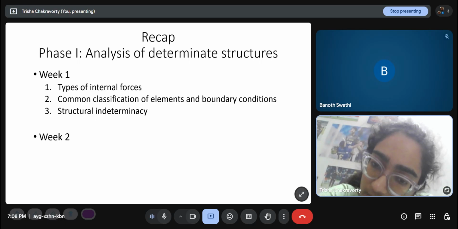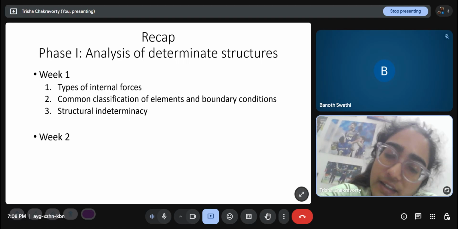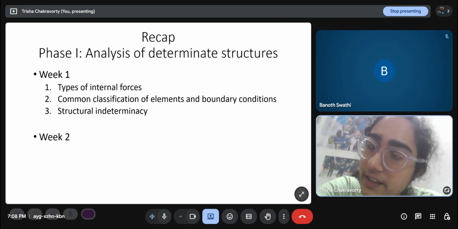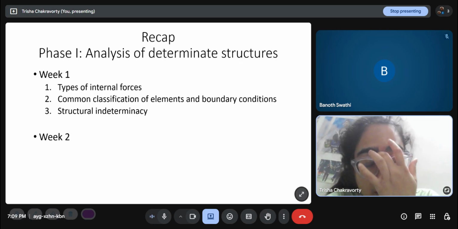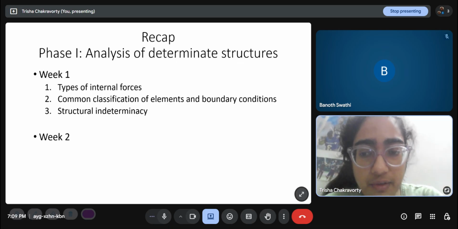So all real life structures are indeterminate, but we started with determinate structures because in determinate structures there are only as many unknowns or support reactions as the number of equations available, equilibrium equations.